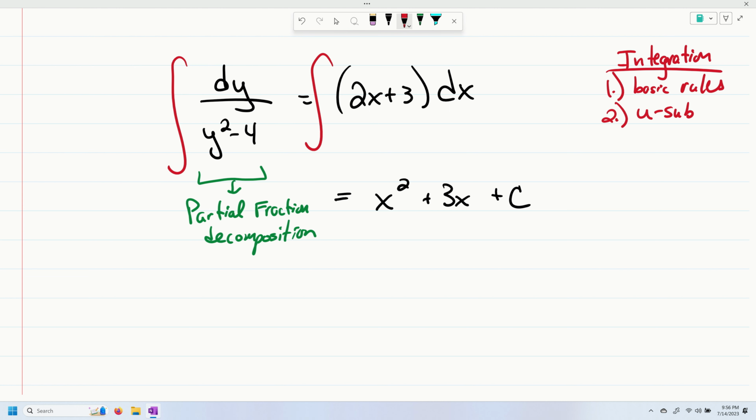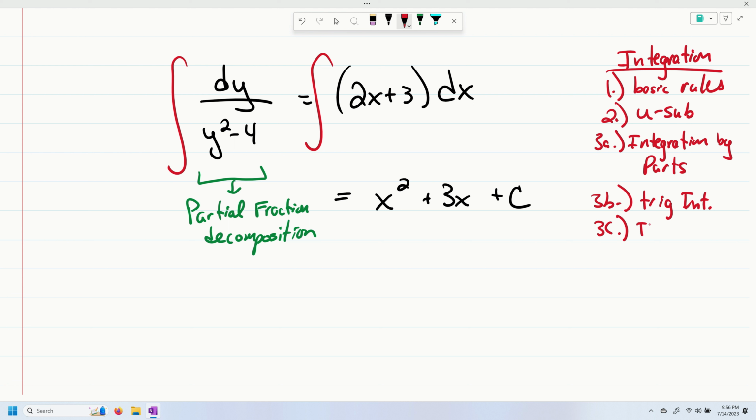In other words, if your basic rules do not work, maybe substitution will work. If substitution doesn't work, then maybe you should be thinking about integration by parts. And I'm going to write this as 3a. 3b would be trig integrals.